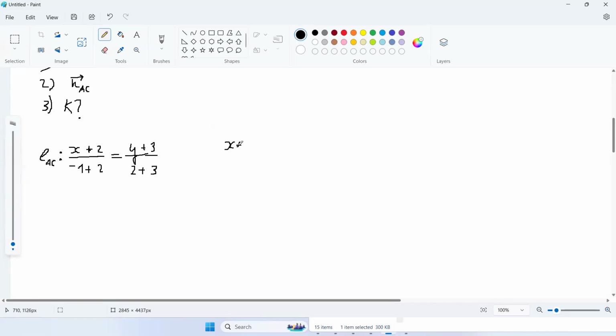So x plus 2 is okay, and the right part must be multiplied by 5. So basically both parts will be multiplied by 5. So 5 times x plus 2 equals y plus 3.